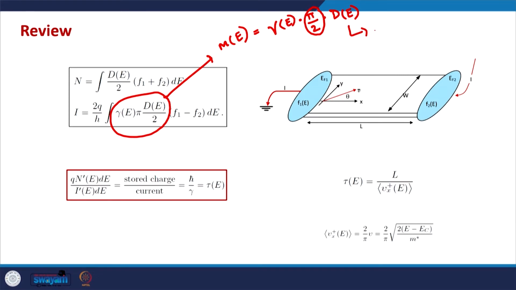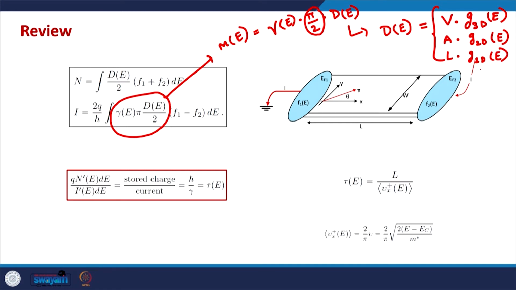So this dE is essentially the number of electronic states per unit energy in the device, and if we collectively define it for 3D, 2D and 1D, it is volume times G3D E, where G3D E is the density of states for the 3D material, area times G2D E, where G2D E is the density of states for the 2D material, and length times G1D E.